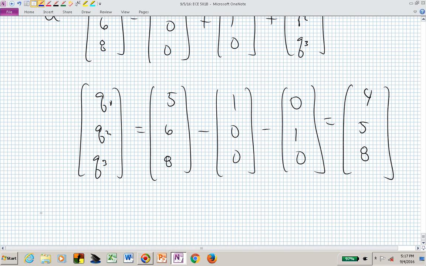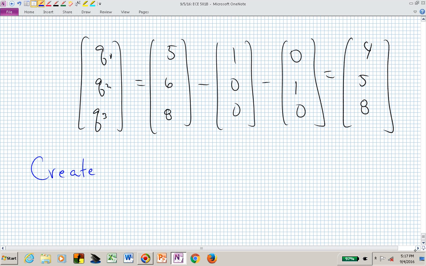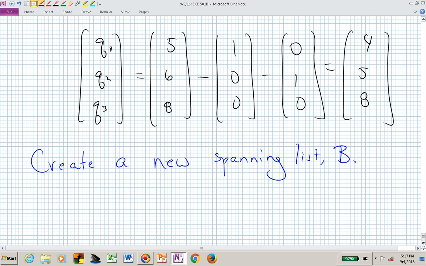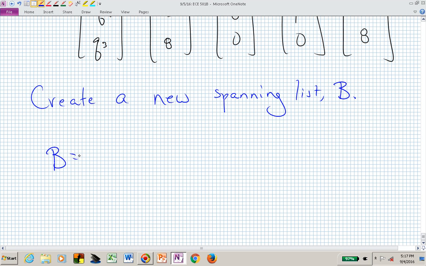We can now create or add that q to our original list, and we now have created a new spanning list, which we're going to go ahead and relabel as B. And now B is a list of one more vector than we started with.